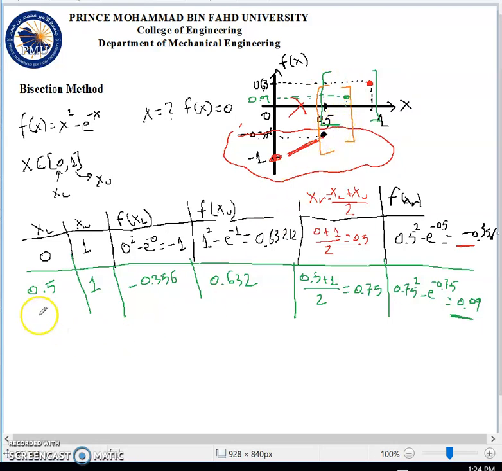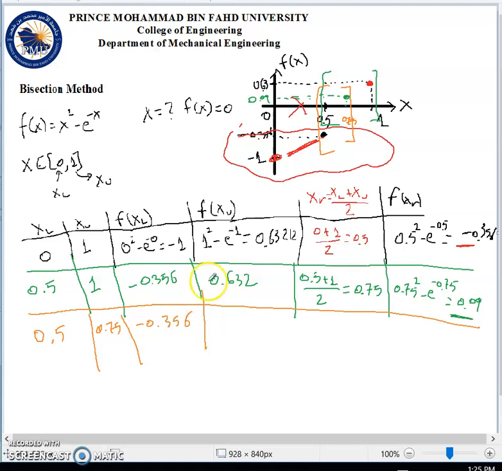So our new x low is 0.5, but our new x upper is the 0.75 from the previous iteration. The function at xl, like before, is minus 0.356, and the function at xu now is 0.09.